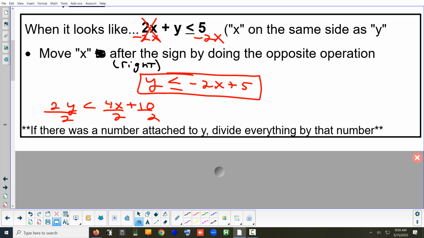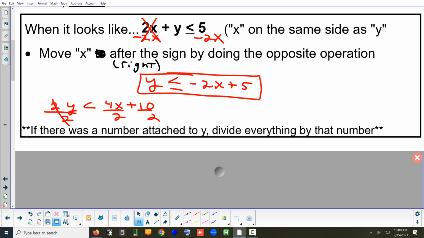Now, there's something that can happen here if you were to divide each side by a negative. Does anybody remember what you have to do if you divide by a negative? You're not dividing by a negative here, so you don't have to do it. But what if you were? With the inequalities, if you divide by a negative, you're supposed to take this sign and flip it.